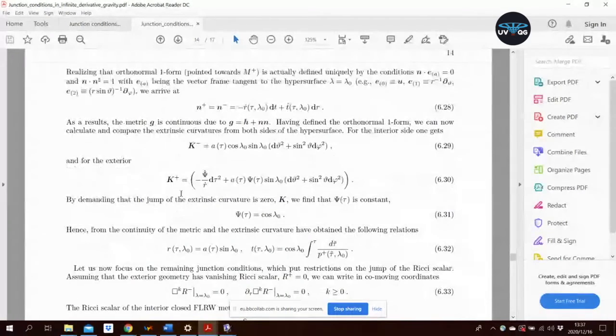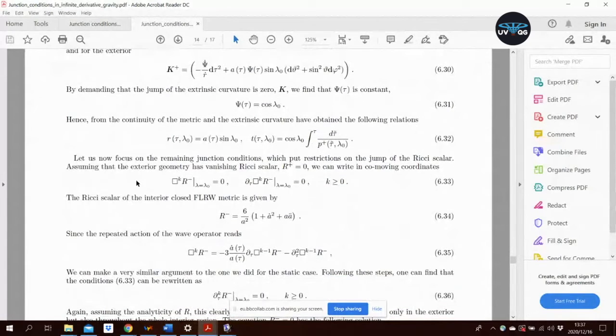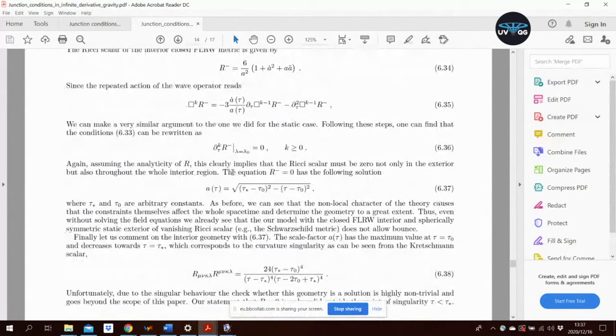So basically, you assume the continuity also of the second fundamental form, and in the end, imposing also the conditions on the Ricci scalar, you arrive at the same conclusion, that all the derivatives with respect to time in the Friedmann-Lemaître-Robertson-Walker coordinates at the hypersurface need to be zero. So that means that the Ricci scalar in the interior must be zero.